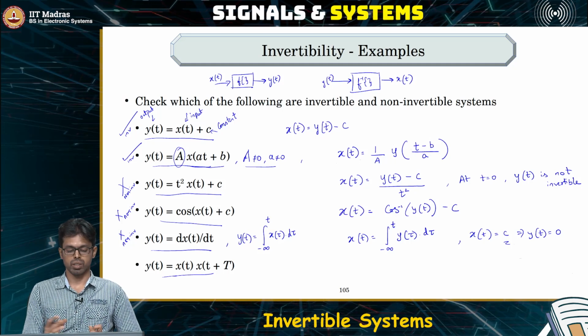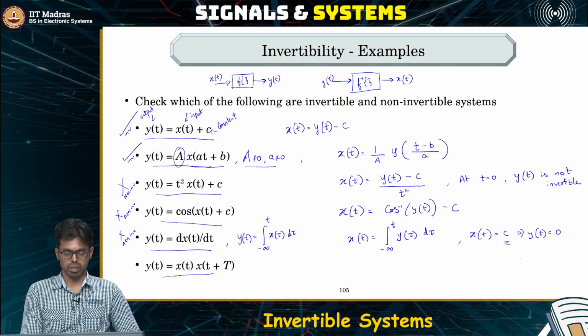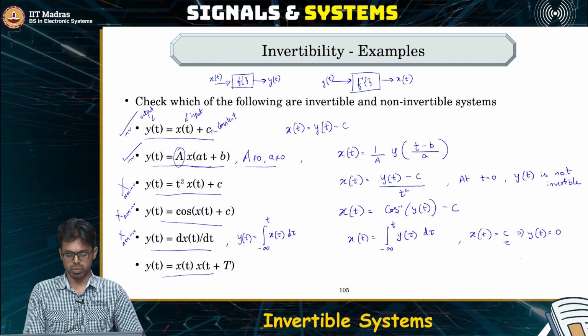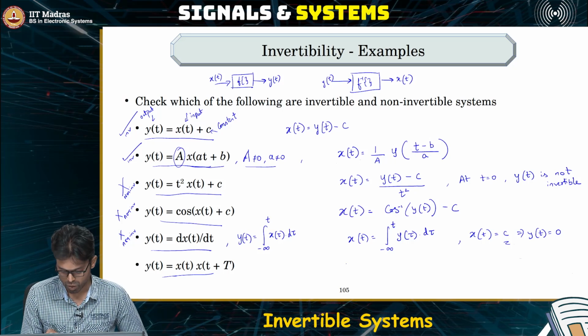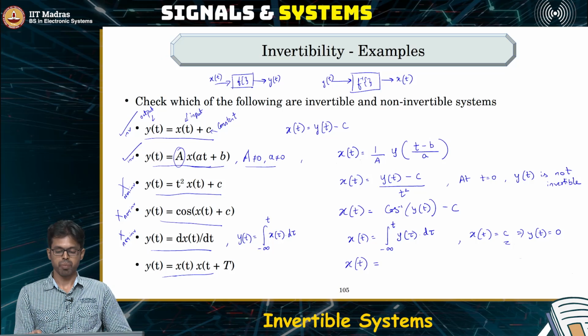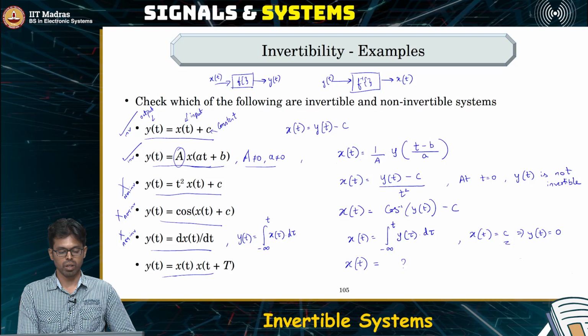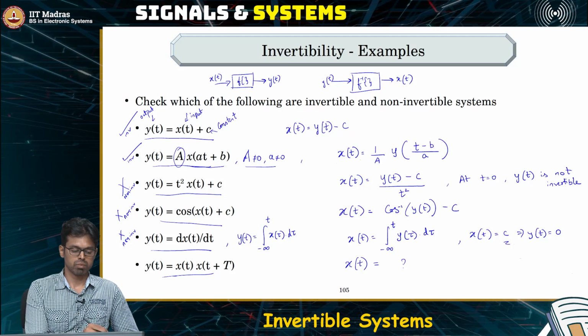That is, you multiply a shifted version of the input with the input itself. Is this an invertible setup? Can you think of somehow getting x of t as some expression of y of t? That's not even really possible in this scenario, simply because this is a non-invertible system.